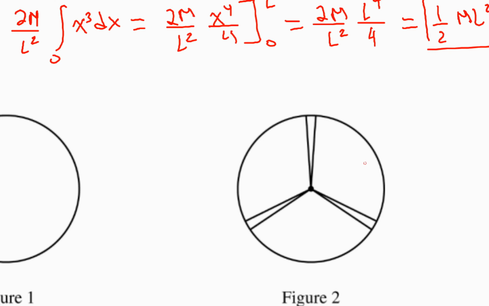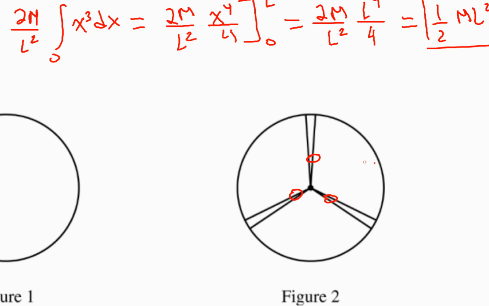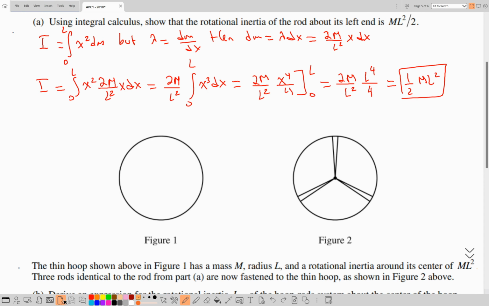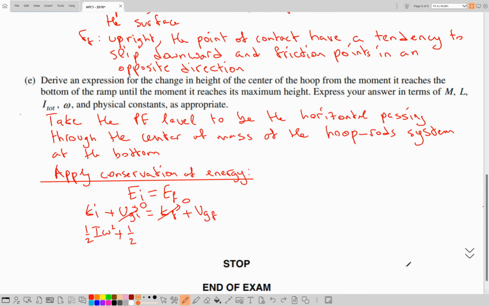So in total we have 4m, 3m for these and 1m for this. So in this case I'm going to say that the mass is given by 4m, and our speed is given by v squared. That would be equal to the final gravitational potential energy given by 4m g h, and we're interested in determining h.